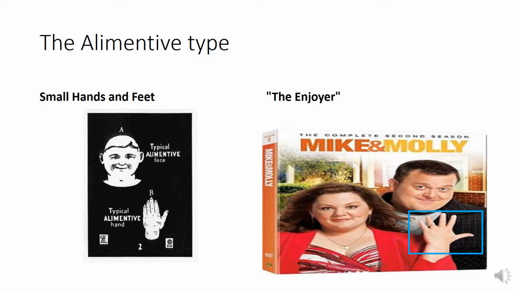There's a typical alimentative type of hand, and these alimentative, if you have to summarize them in one word, they'll be the enjoyers. They like nice food, nice clothes, and nice apartments, nice things. They like to enjoy the sensory pleasures of life, as you might say.